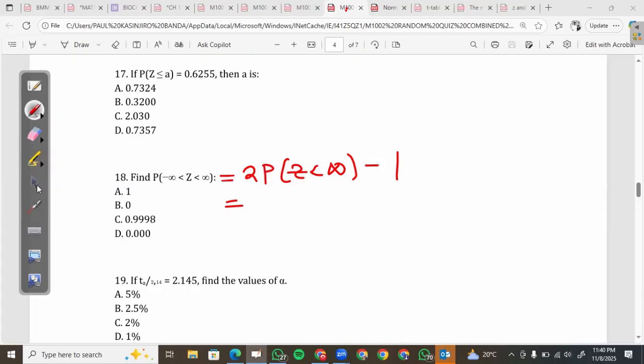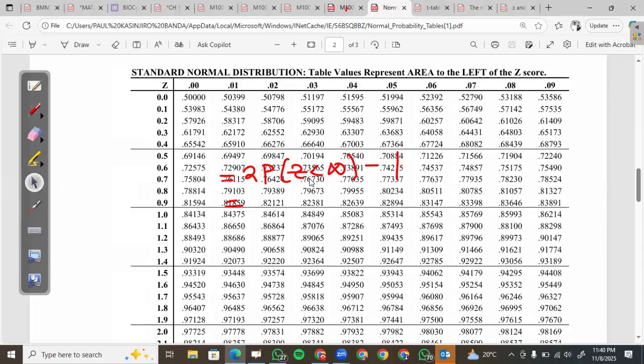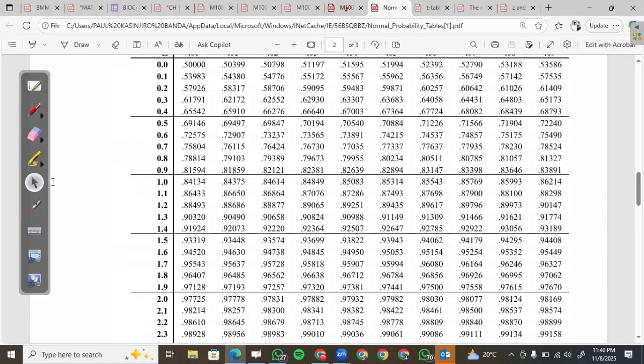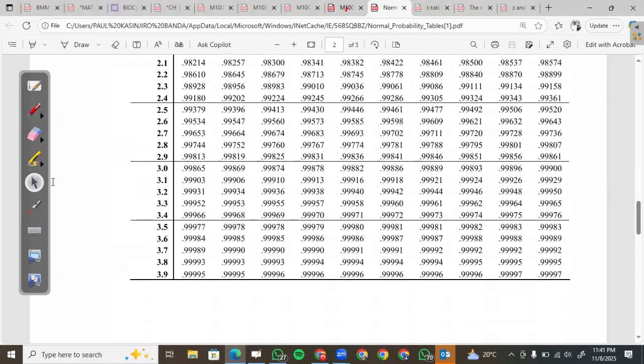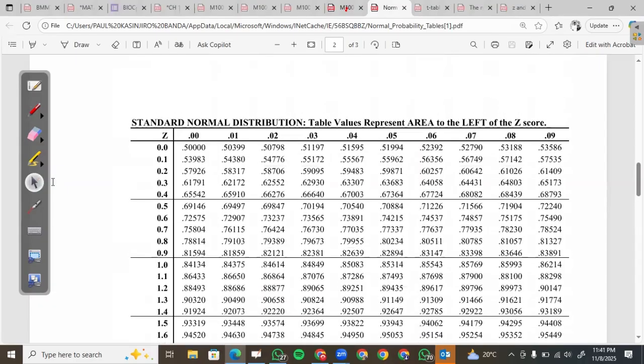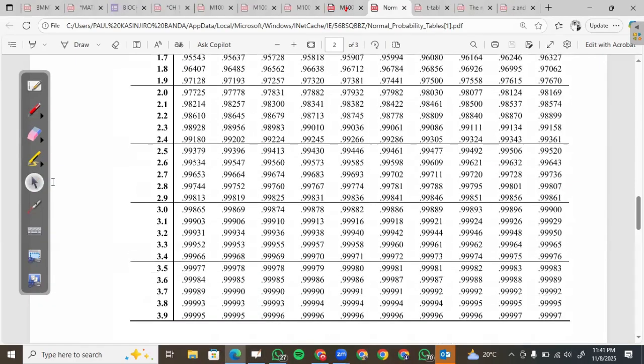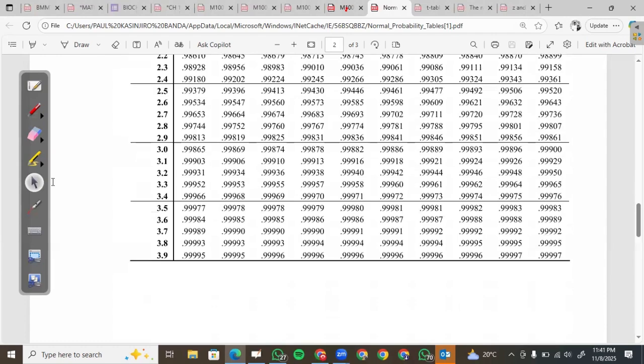Because when I go on my Z table here, you can see the more the numbers are increasing, I start at 0.0 here. As I'm going down, what is the highest Z score? The highest Z score has 3.9 down there, and on top it has 0.09. So 3.9 plus 0.09 gives me 3.99.